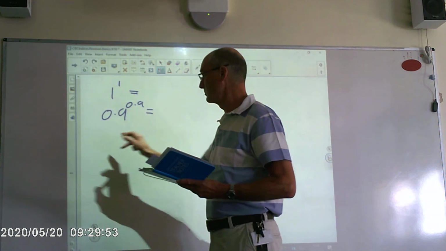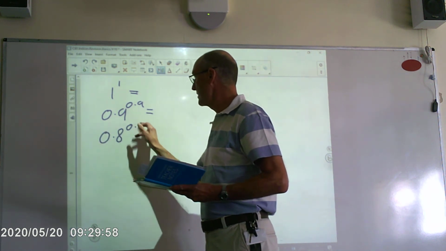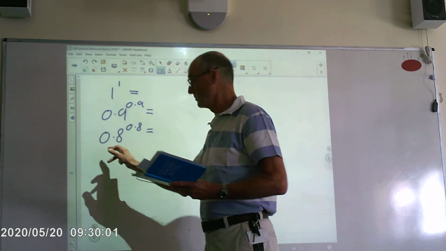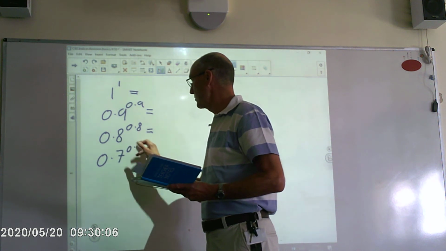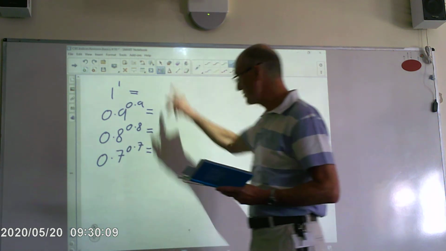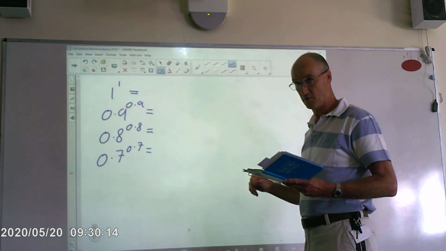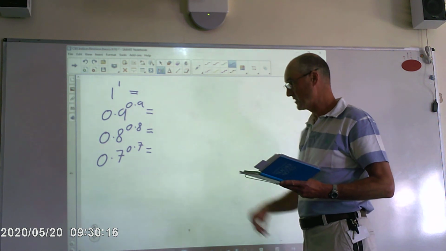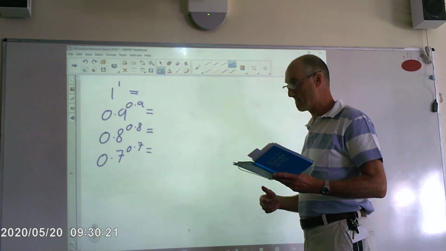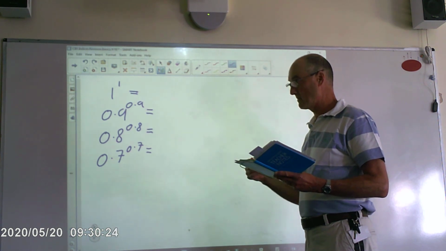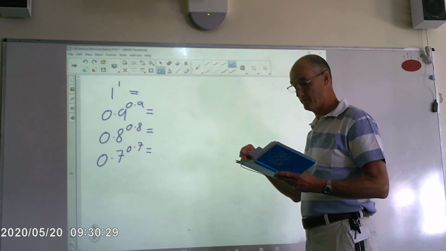What does that equal? 0.8 to the power of 0.8. What does that equal? 0.7 to the power of 0.7. What does that equal? You will need your calculator to work these out. So have a little go at those, get those results, write them down as I've done in columns, and have a look at what is happening. Pause the video while you're doing that and then come back and we'll discuss it further.